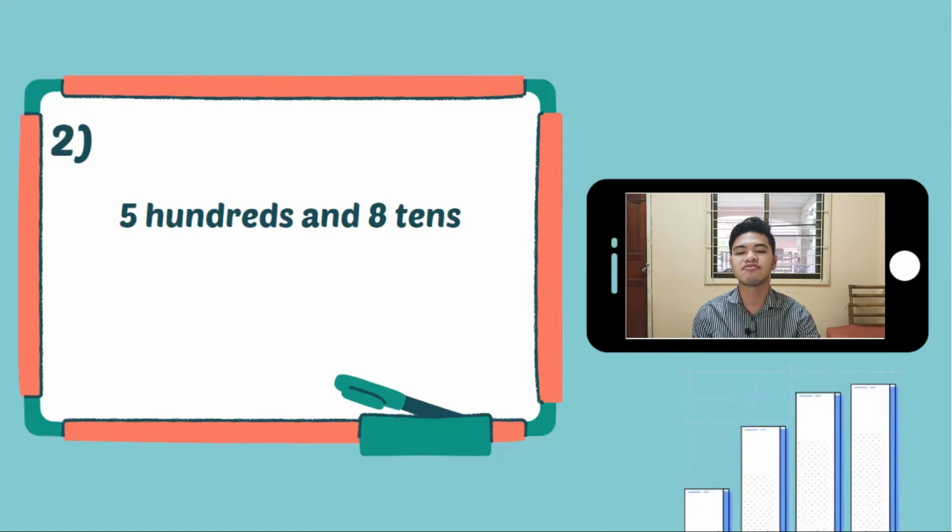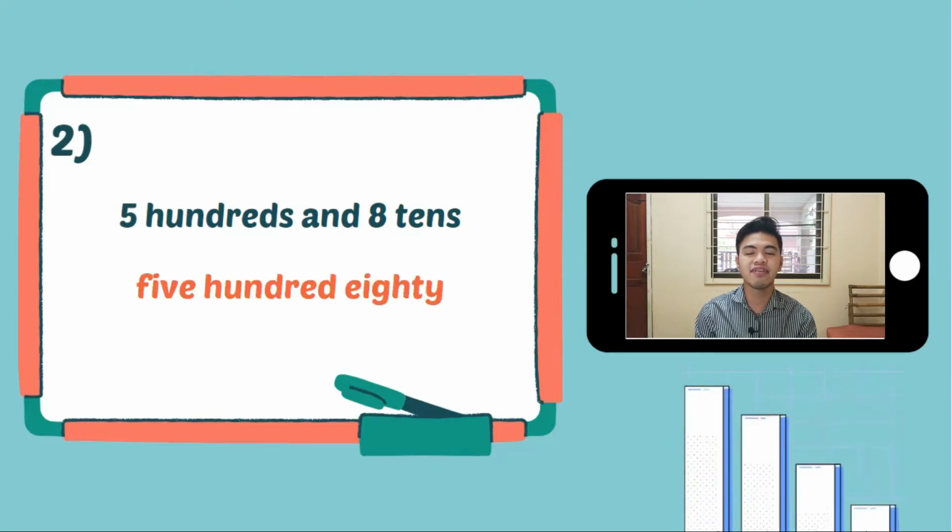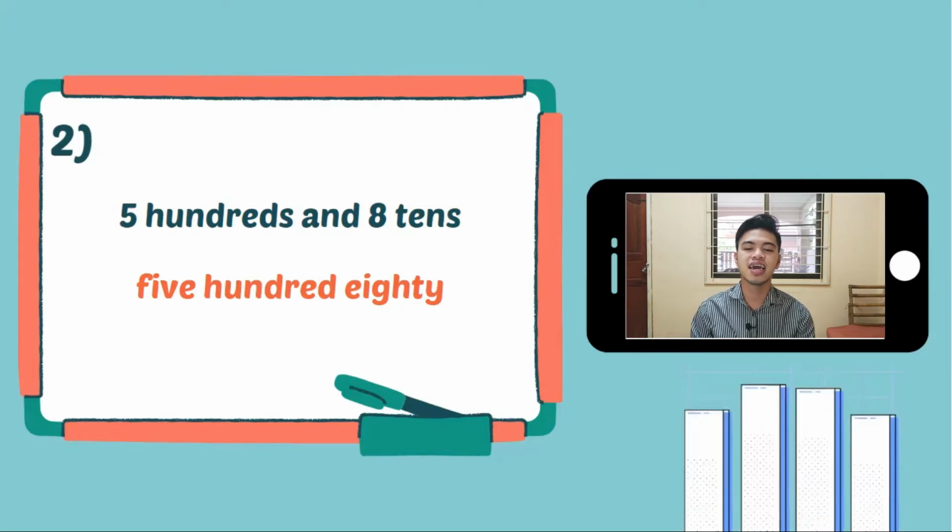And how do we spell 580? Of course, we're going to write 5 first. It is FIVE, HUNDRED, and then 80, EIGHTY. Okay? So let's go and answer more.